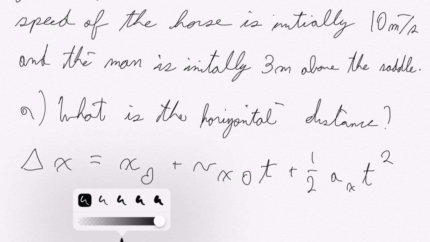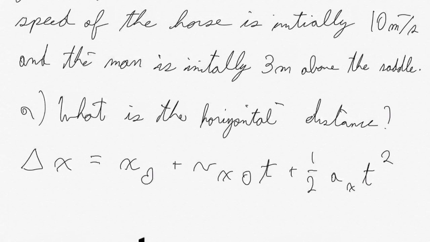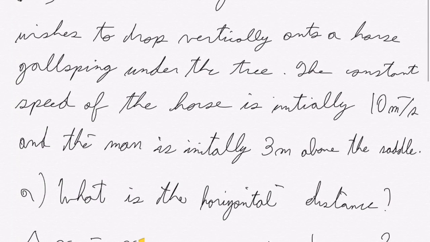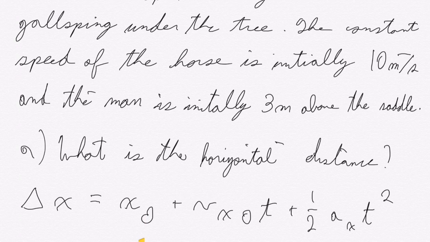However, we need to actually understand what is going on here. So I think we should probably draw a little diagram. So what do we know? What's useful here for the first one? Well, this is asking us the horizontal distance between the man and the level of the saddle, right?